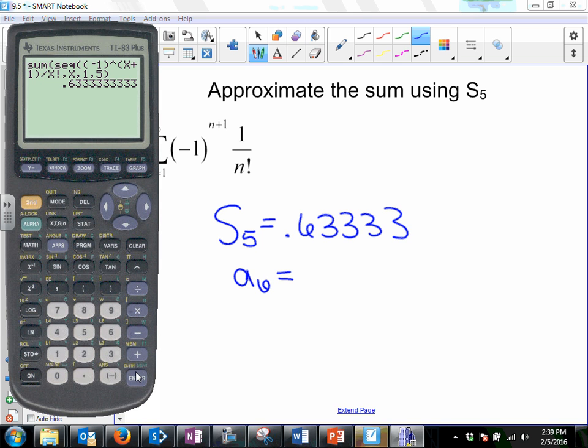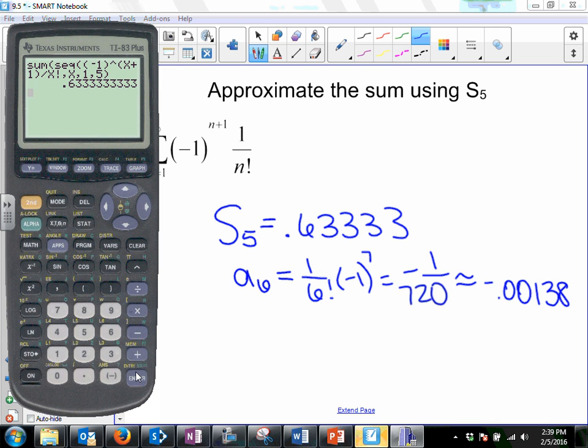Now, what would the sixth term be? Negative 1 over 6, a sub n plus 1. What's 1 over 6 factorial? 1 over 720. So -1 over 720, which is approximately .00138888889.